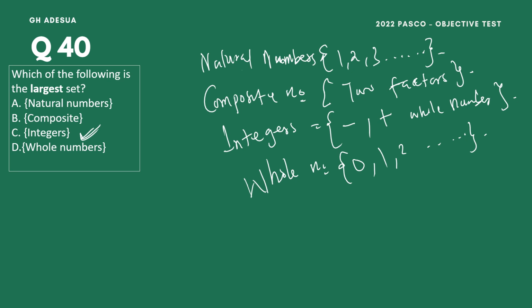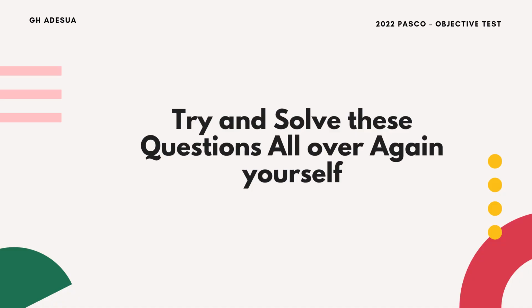Now we come to the very end of this 2022 mathematics past question, objective solutions. Kindly try and solve these questions all over again yourself for maximum understanding. If something is not clear, kindly skip back and rewatch the video to understand the particular question you are solving.